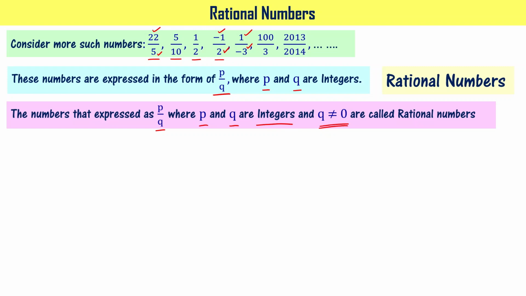That's why while defining the rational numbers, we are saying that the number should be in the form of P by Q, where P and Q are integers. At the same time, Q cannot be 0. Such numbers are called rational numbers, right? So rational numbers are denoted using letter Q. Please note this.